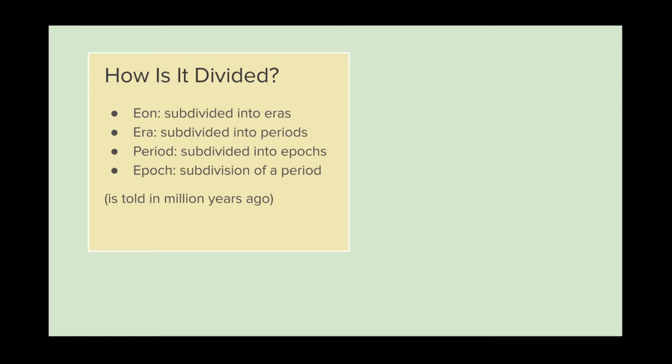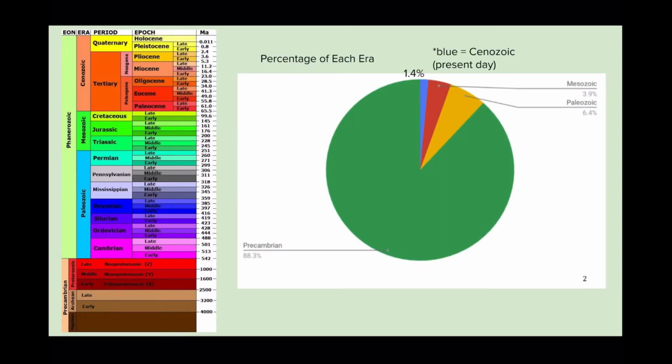Now here on this page, on the left side, we can see a chart. On the top, we can see that it is divided into eons, eras, periods, and epochs. So the Phanerozoic eon subdivides into the Paleozoic, Mesozoic, and Cenozoic eras.